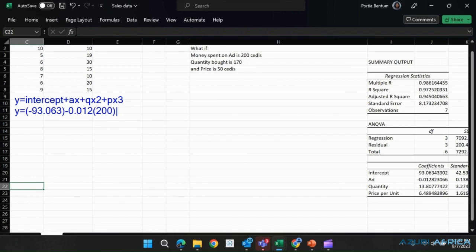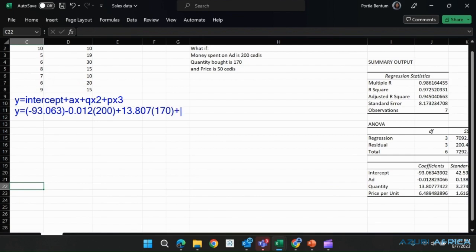And then go on and find the coefficient for quantity. From our summary output, we can see the coefficient for quantity is 13.807. We are going to take that and multiply it by X2, which is 170, the quantity of that product that was bought. So into bracket 170, we are going to add that.